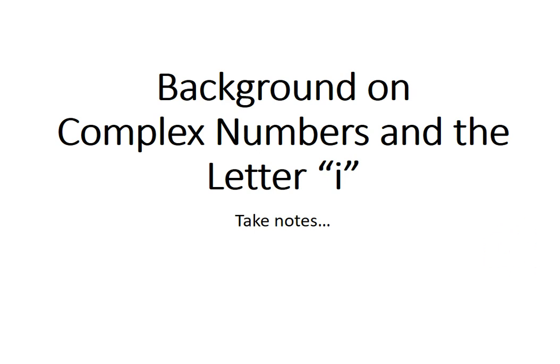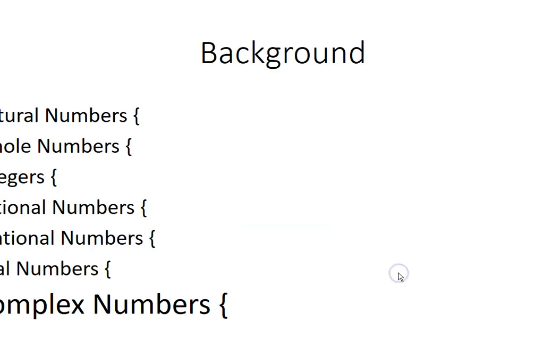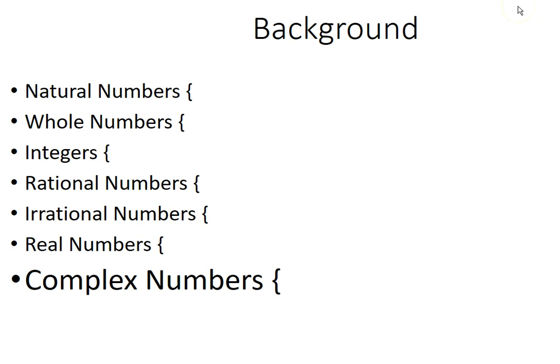Okay, so let's take a look at some background detail here. So we'll center that a little bit here. Now, if you go back into the beginnings of our course, we didn't cover these in any great detail because it was assumed that you had a lot of information about them.